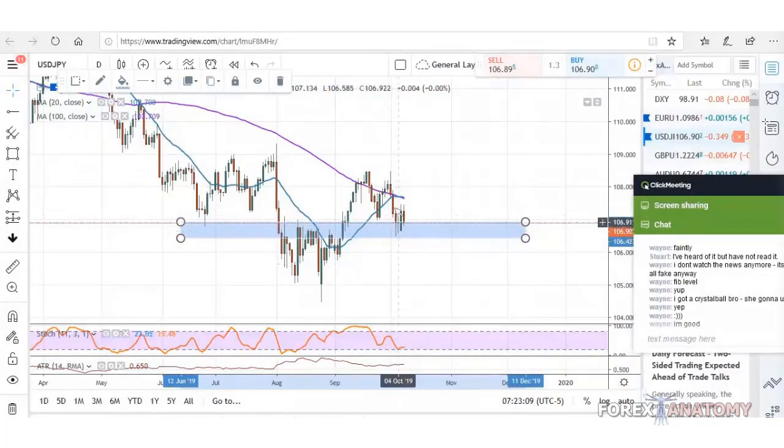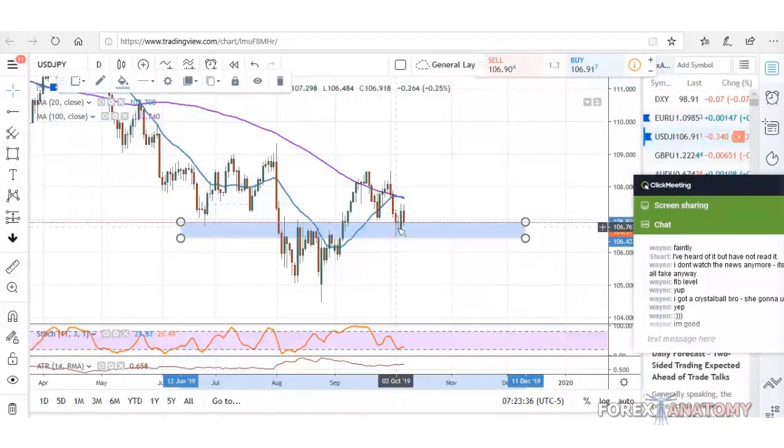We can see that price fell and tested this range. It popped higher. You could have taken advantage of that move higher. We talked about this move in our private community. For those that were on the live webinar, price did exactly what we thought it was going to do, and it found resistance at this area right here, 107.50, which is exactly where we said price would find resistance.